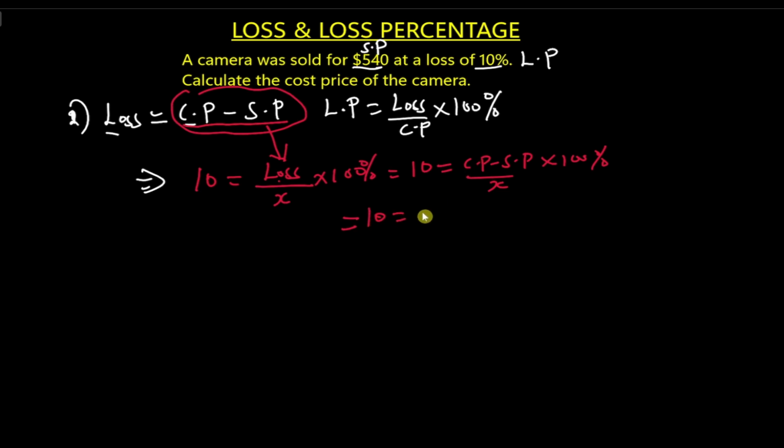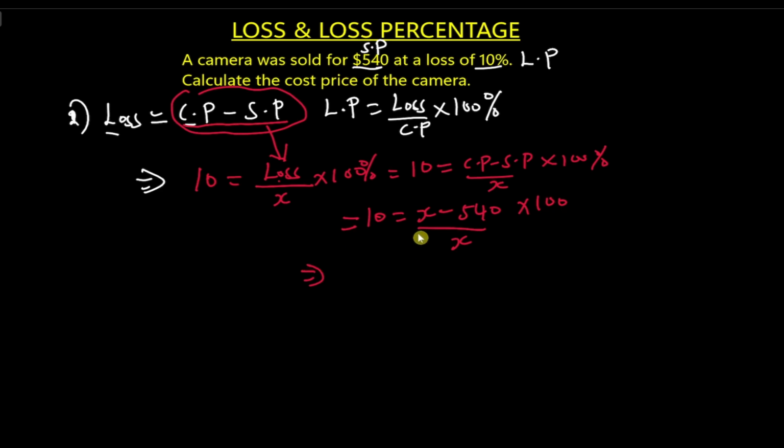Now this cost price, let me represent it by x, minus the selling price. The selling price was given as 540, all over x times 100. We can ignore the percentage, and then in your final answer you can bring it.